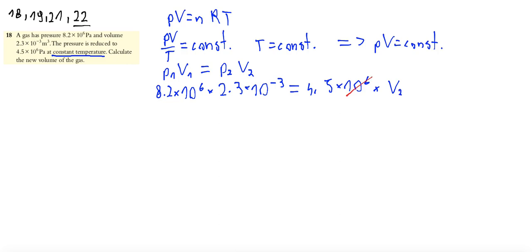So you can cross out 10 to the power of 6, and you have finally this times this, so 8.2 times 2.3 times 10 to the power of minus 3 divided by 4.5 in meters cubed. Okay, not difficult, easy, in my opinion, easy.